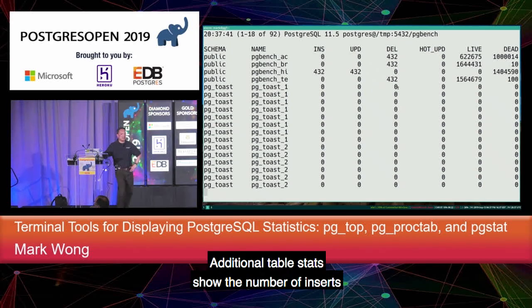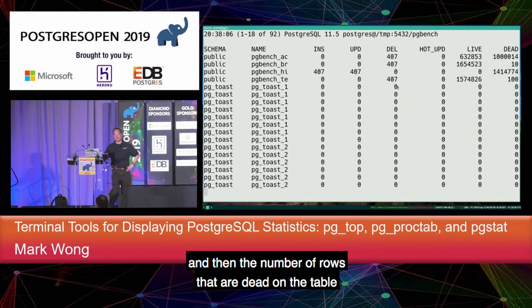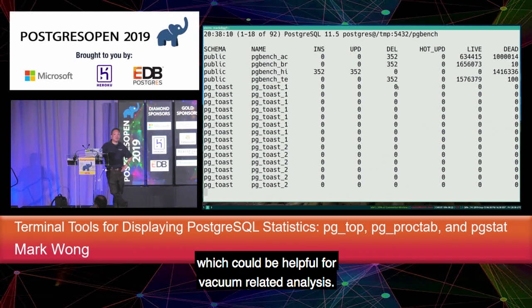Additional table stats show the number of rows inserted, updated, and deleted, and the number of hot updates, the live rows first, and then the number of rows that are dead in the table, which could be helpful for vacuum-related analysis.